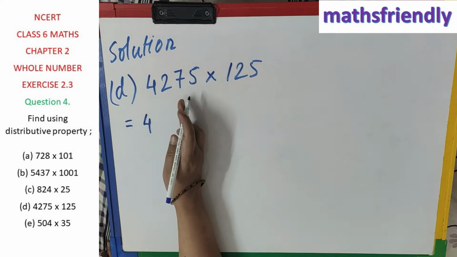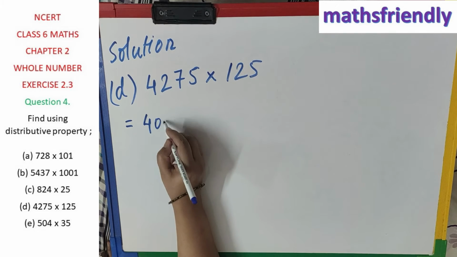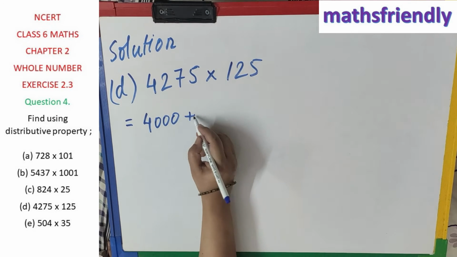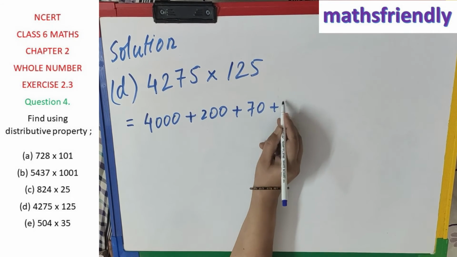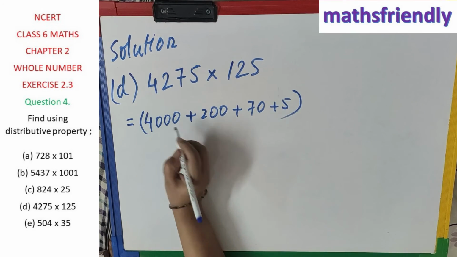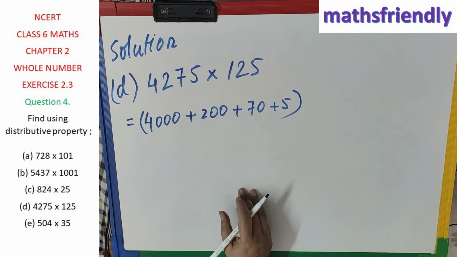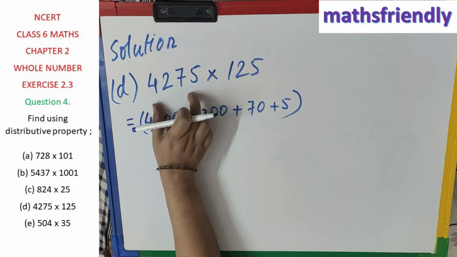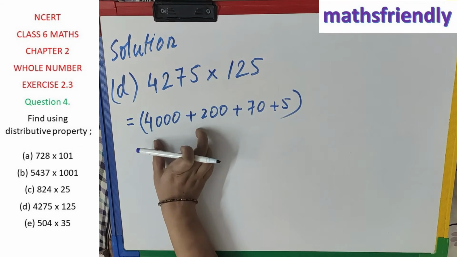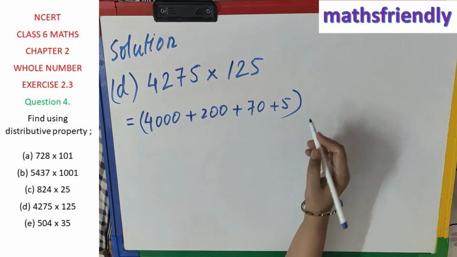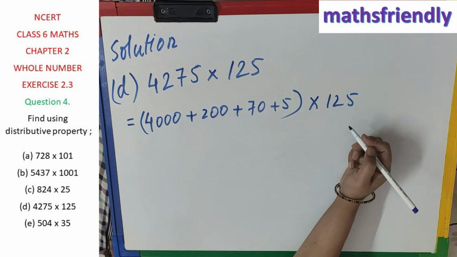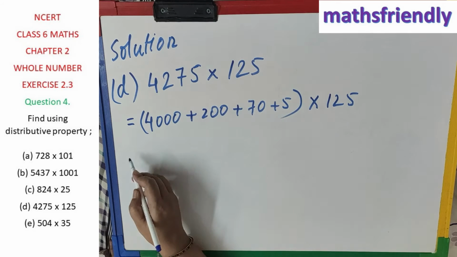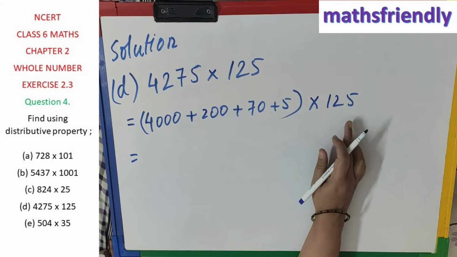So 4,275 can be written as 4,000 plus 200 plus 70 plus 5. Okay, and these all will be taken inside the bracket, and the sum of all these is this one. What we have done, we have written this number as the sum of these four numbers, and it is multiplied by 125.